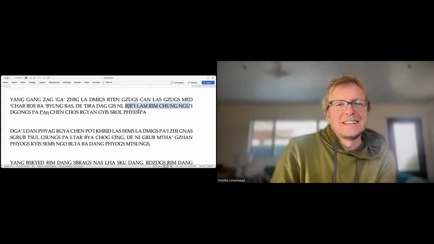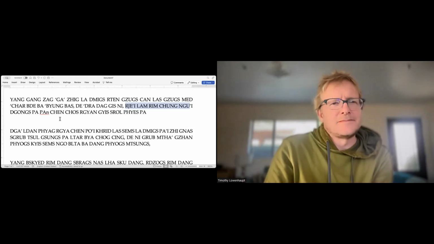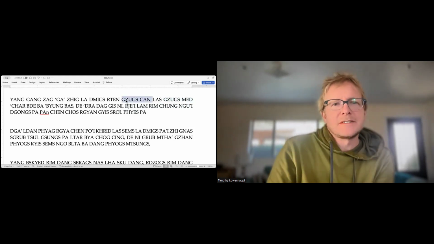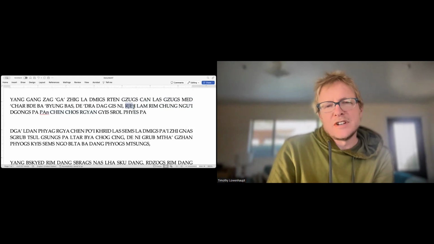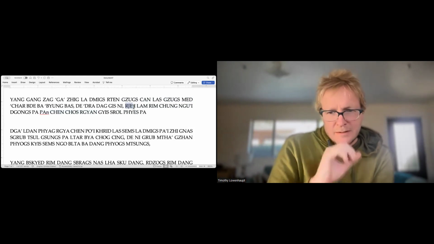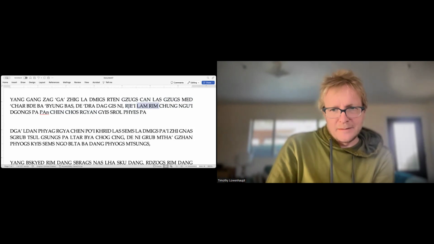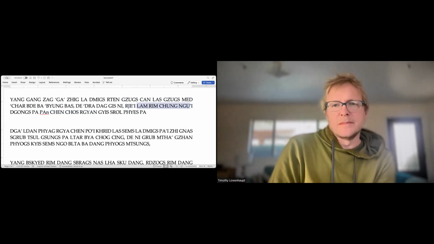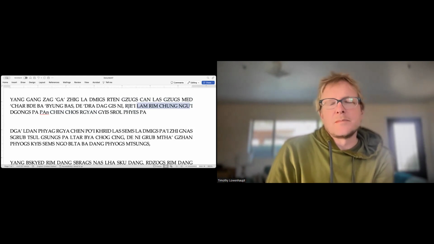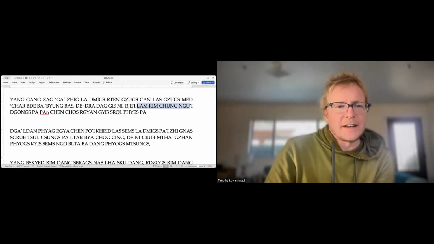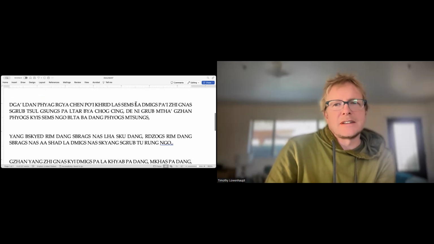That's me translating on the fly here. So there are some people who prefer formless objects versus formed objects. And if you're one of those people, you might want to follow the system of the first Panchen Lama, who's following the system of Jay Rinpoche, Lobsang Drakpa, as presented in the shorter Lam Rim Chungwa. Okay. So there are other objects that we can get to. What are they? Let's keep reading.